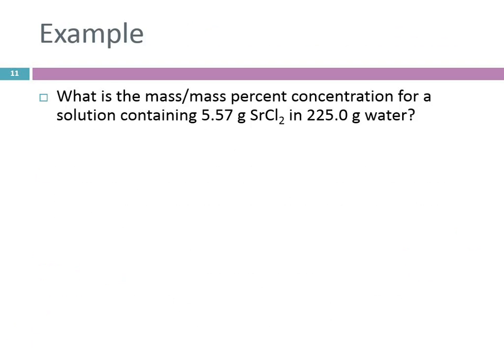So let's do an example. What is the mass percent concentration for a solution containing 5.57 grams of strontium chloride in 225 grams of water? Well, which of these is the solute?